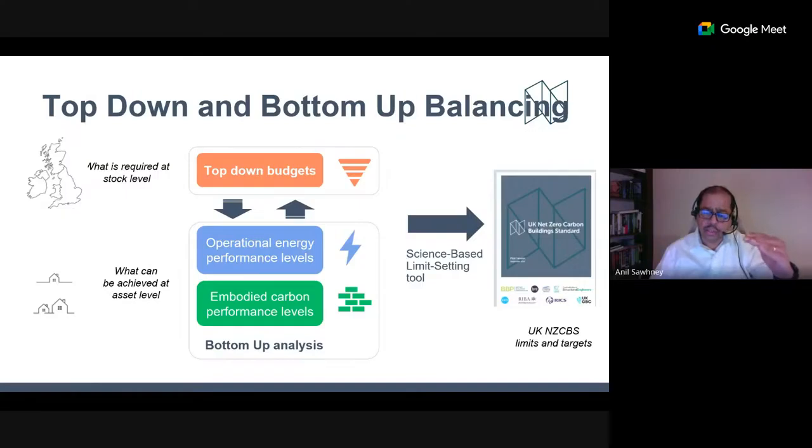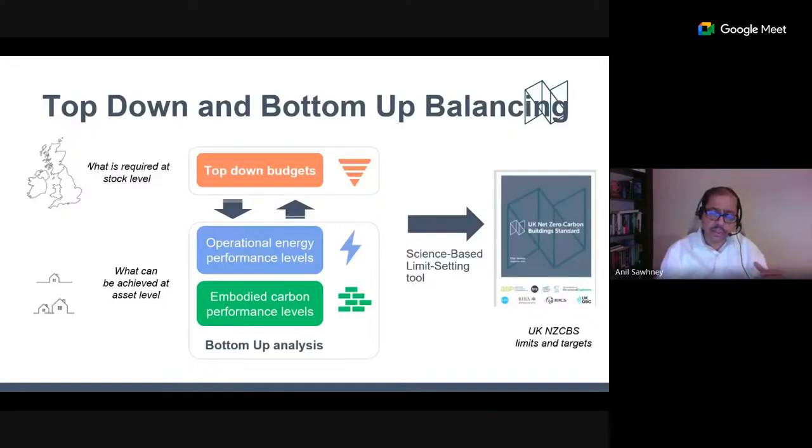So you cannot just use a top-down approach to set limits. You also have to do bottom-up analysis. So you have to look at building typologies. You have to look at what can be achieved at the asset level. And you will notice as I move forward that the limits are different for different building typologies, right?